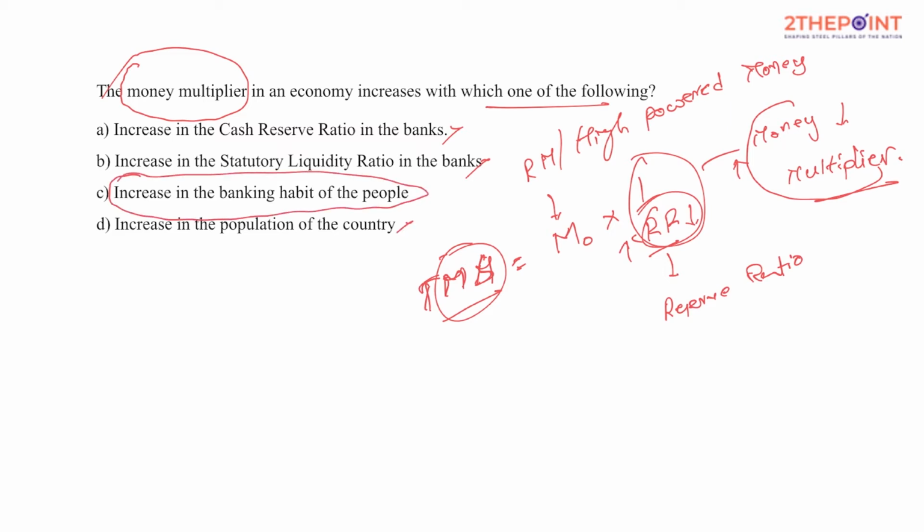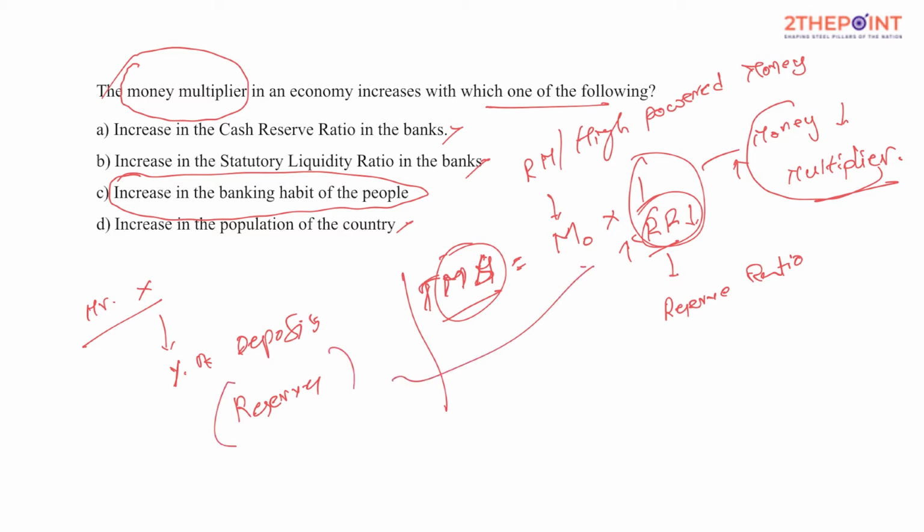How come? Because let's say Mr. X happens to deposit a certain amount of money in a bank. Some percentage of deposits is what the bank maintains as reserves, isn't it? Not all 100% of the money that X deposits is what the bank could lend. Every bank across the globe maintains a certain amount of reserves to meet their requirements, and that proportion of reserves determines the money multiplier.